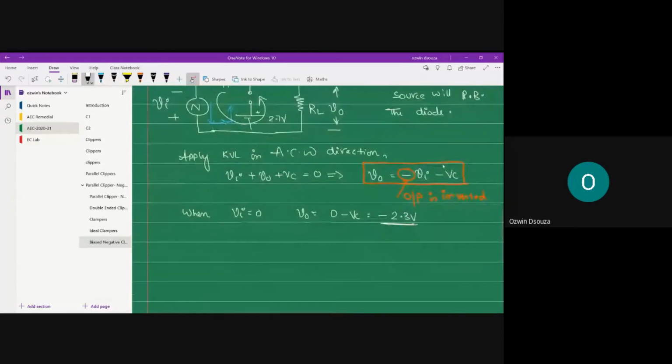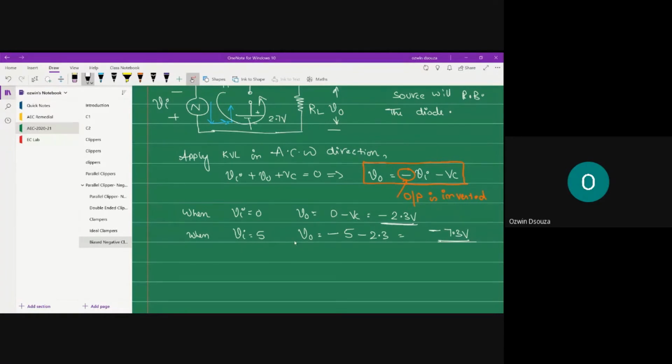On the other hand, when your input attains 5 volts in the negative direction, your output becomes minus VI, that is 5, minus VC, that is 2.3, and that becomes minus 7.3 volts.